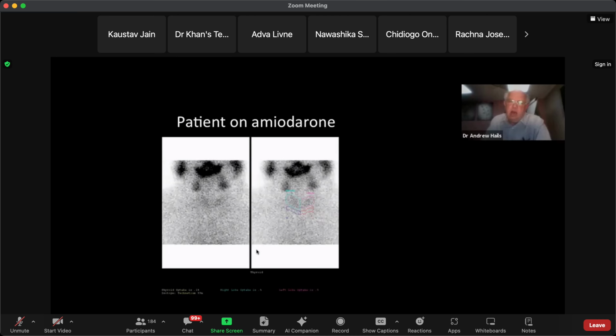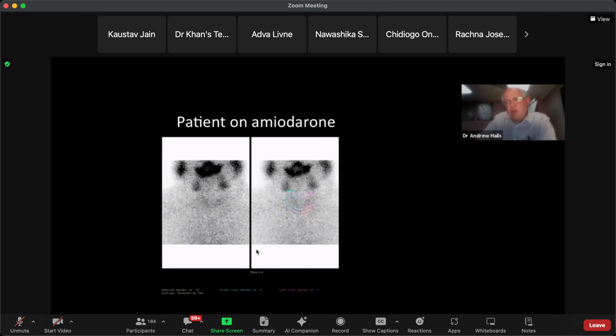And now amiodarone can affect the thyroid gland. You can get hyperthyroidism because the amiodarone contains iodine, and you get a type 1 picture where you get increased uptake in the thyroid gland, or you can get destruction. It can produce a destructive reaction in the thyroid gland, and that's actually more common.